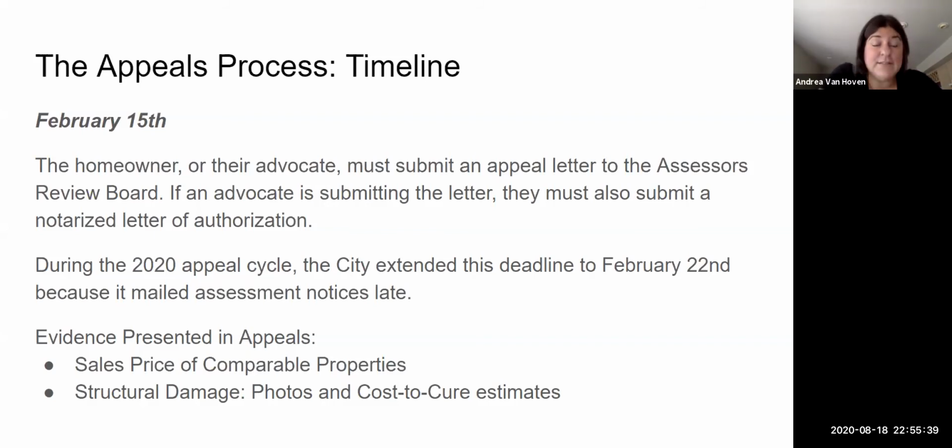It would have been devastating if we were told, nope, can't turn those in, don't have your letter of authorization. And it really is more, in my opinion, a formality. During the 2020 appeal cycle that we just finished in the spring, the city actually extended the deadline to February 22nd again, because it mailed the assessment notices late.